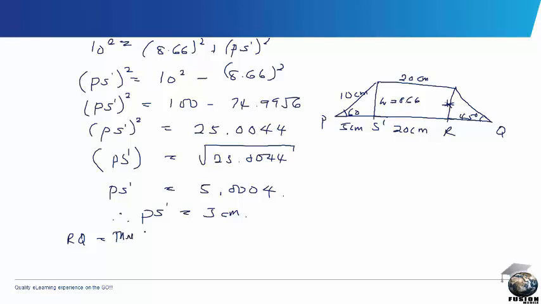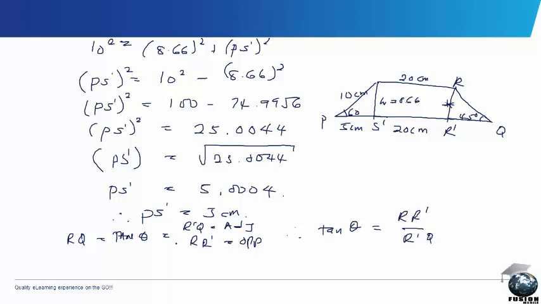Tan theta is equal to opposite over adjacent, where the adjacent side is R bar Q and the opposite side is RR bar. So tan theta is equal to RR bar over R bar Q. Theta there is 45 degrees, and RR bar is the height, which is 8.66, and RQ is the part which we intend to find.